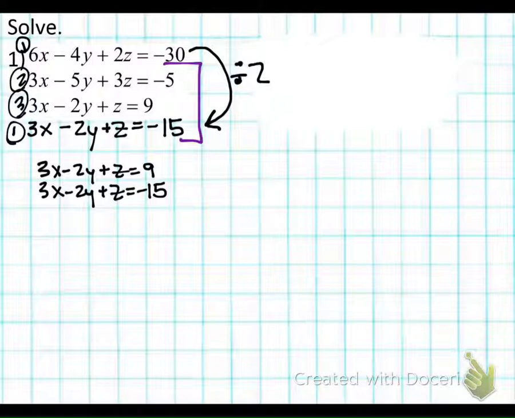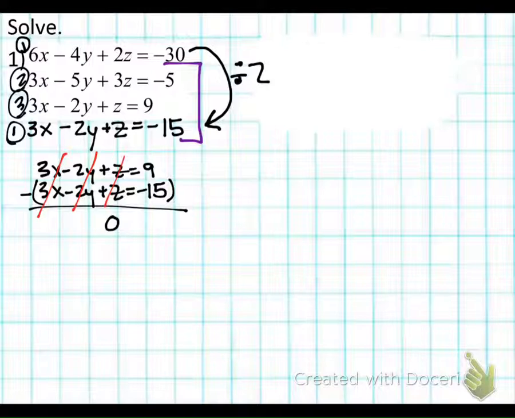Actually, if I subtract, that's what's going to eliminate it. Subtracting the whole second equation, the x's cancel out. Negative 2y minus negative 2y cancels out as well. Then I have a positive z minus z, which cancels. So on the left-hand side, I just have 0.